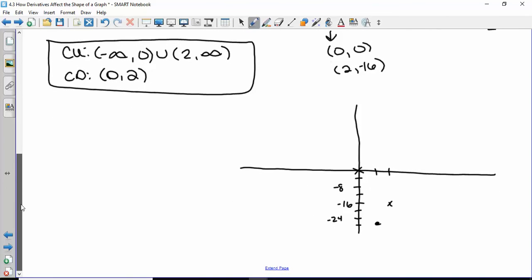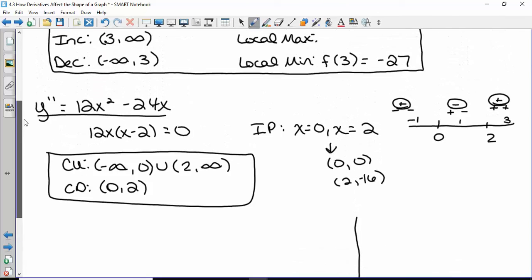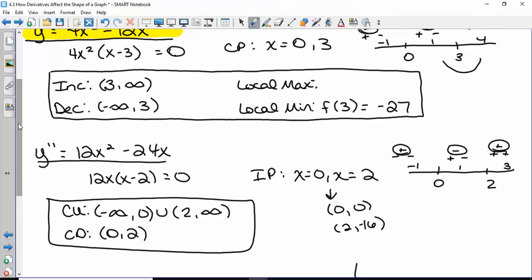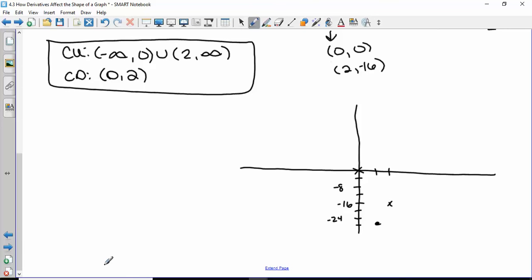Okay, so I've plotted the only points that I know. Until I get to this first X, my graph is concave up, so it's curving upward. We also know that we are increasing until I get to this point.